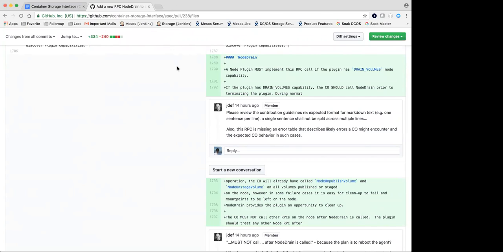Okay, so let's assume that the CO knows about that. This is a clean node where no one has run anything before. The CO starts up, calls node get capabilities to figure out the capabilities of the node plugin, and then calls node drain. Is that a requirement that the CO needs to call that? I just want to figure out what the CO logic should be.